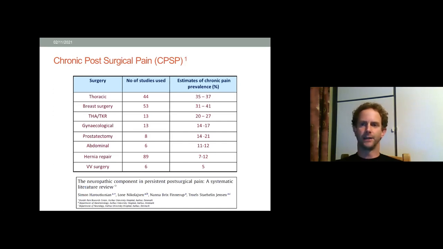So they're big numbers. If you think of the burden that puts on the NHS and society, it's vast numbers. If you add all that up, it's huge numbers of patients across the country each year who are suffering from pain. So we need to try and work out better strategies to improve that.